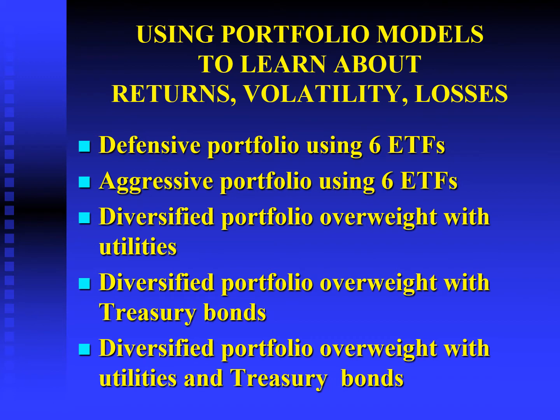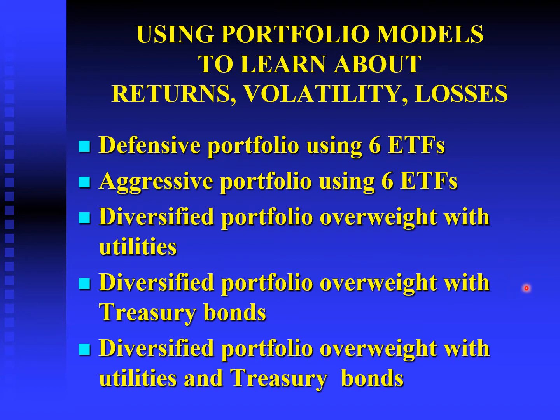I will show you the performance data of 6 different model portfolios: a defensive portfolio using 6 ETFs, a more aggressive portfolio also using 6 ETFs. I will show you also the performance of a diversified portfolio being overweight with utilities.